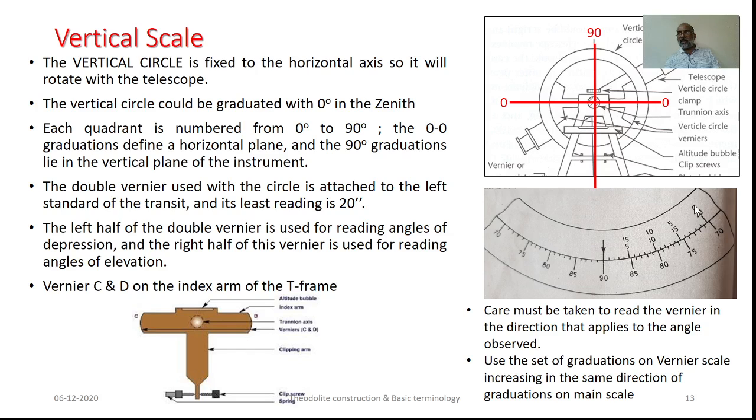So here it is 0 to 15. Here the way you see is say 5 to 20. So this particular 0 and this particular 0 could create confusion when one is not accustomed to the graduation patterns.